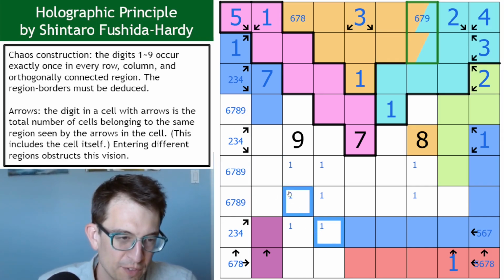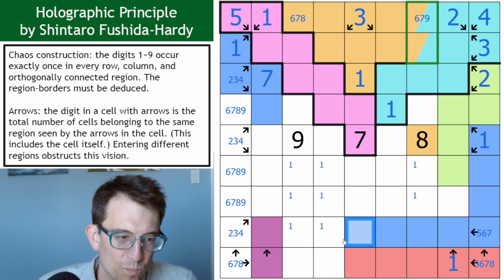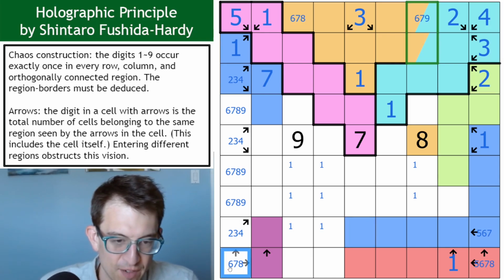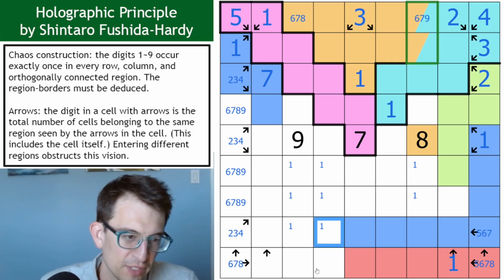So what am I supposed to find here? Well, what I'm supposed to find is that this is definitely not red. Because if this, so let's ignore this color for a second.